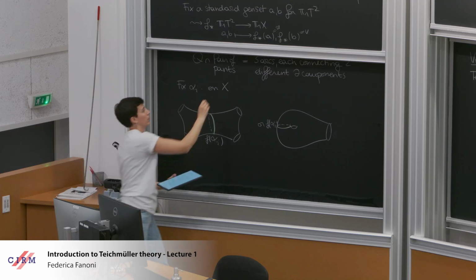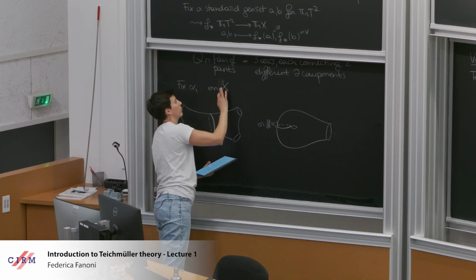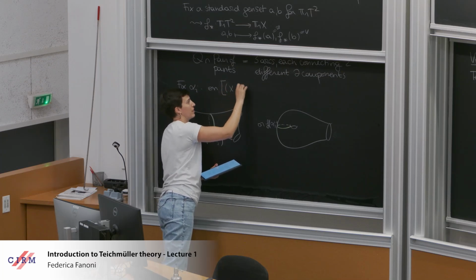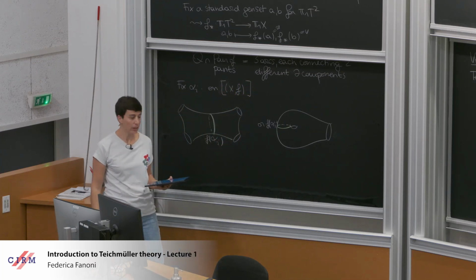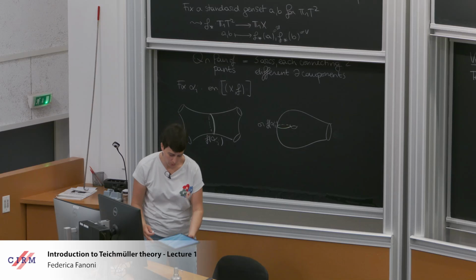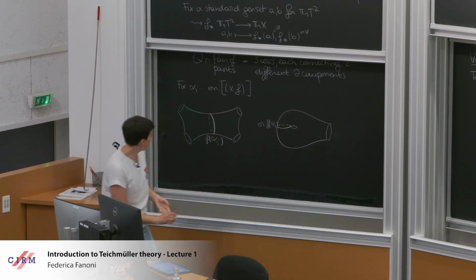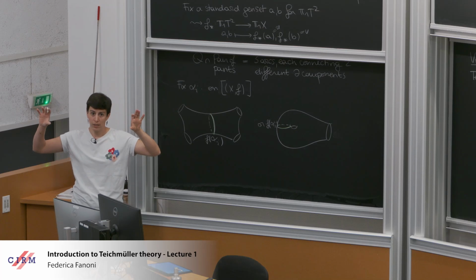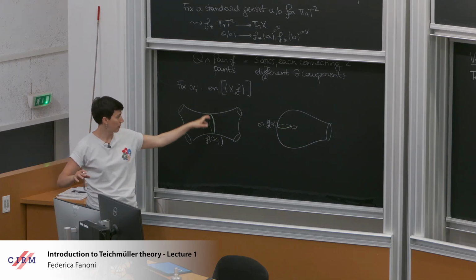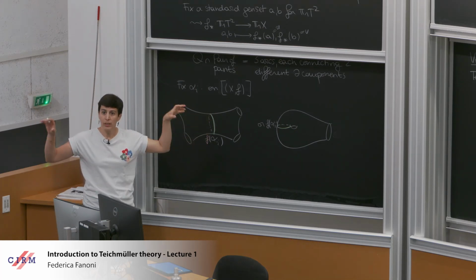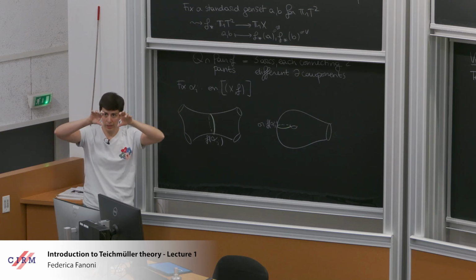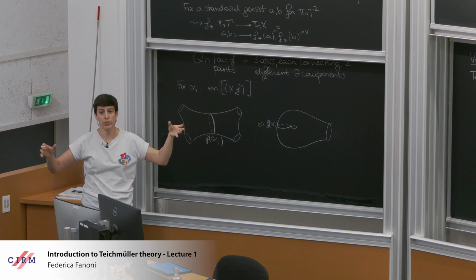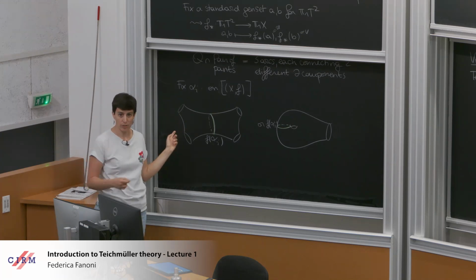So I'm fixing a point in Teichmüller space, and I want to define some other number associated to this alpha i, which is going to be the twist, which informally tells me, if I have these two pairs of pants, which have the same length of a boundary component, how I glue them. So there's these two circles, I need to glue them by an isometry. There's not a unique isometry. And so I need to tell you which one I'm choosing.